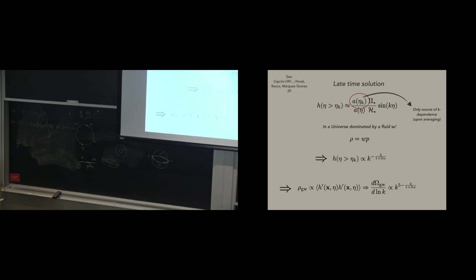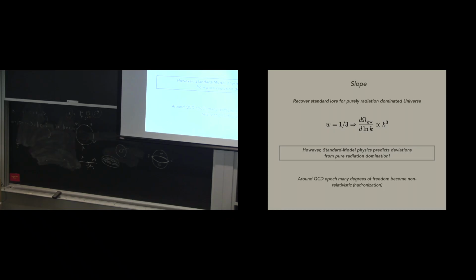And then from this, you can compute the energy density in gravitational waves, and you get this dependence on k. So if you look at this exponent now, you reproduce the known result that for w equal to 1/3, that is a purely radiation-dominated universe, you get a spectrum that goes like k cubed. That's a standard result from causality. Of course, if the background was instead matter-dominated, here you would get a linear power, so it would be k. So it would be a sharply different prediction for the causality tail.